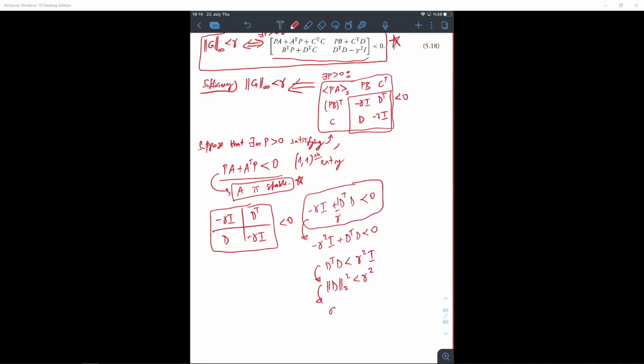Also sigma max of D less than gamma. We reach also this information.